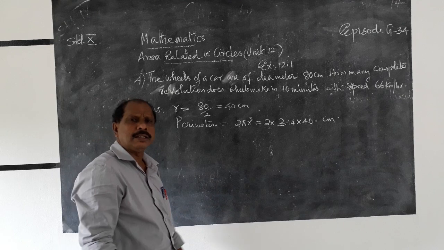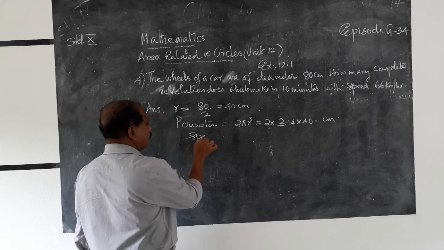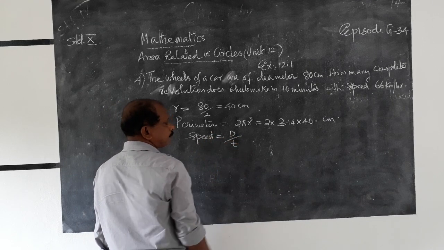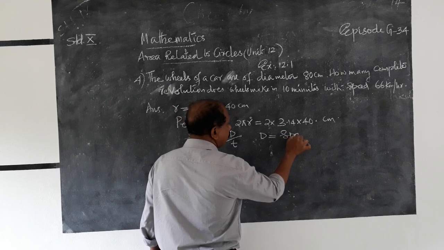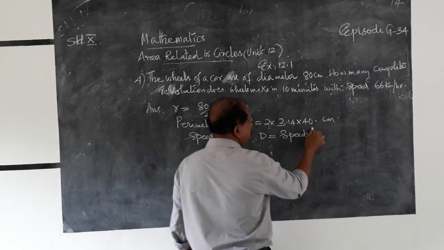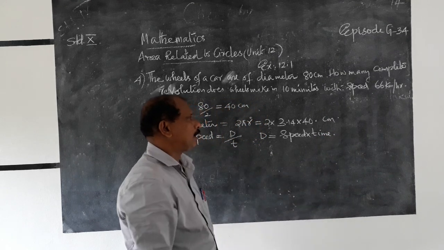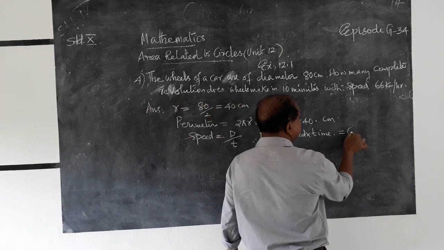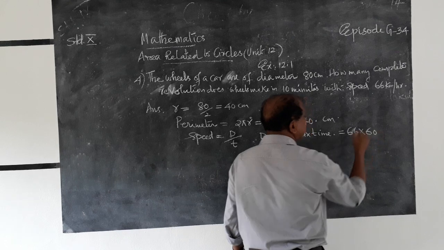Then what is speed? Distance by time. Therefore, distance is equal to speed into time. That is 66 km per hour, which means 66 into time, that is 60 minutes.